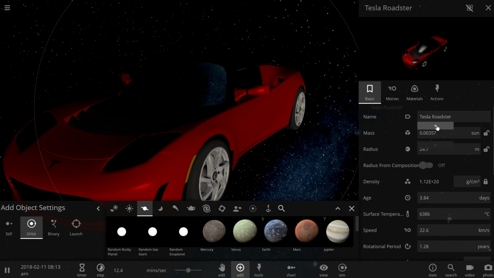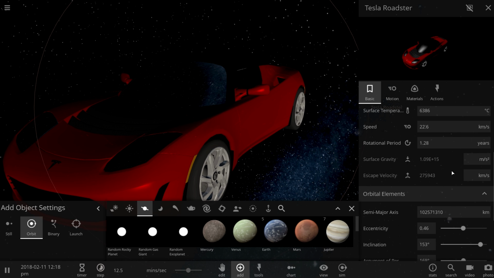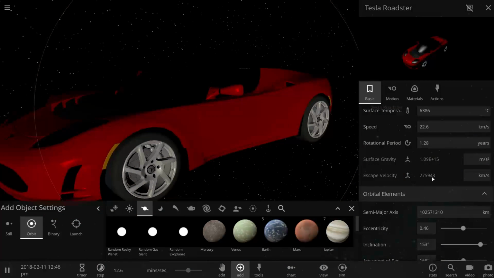Actually, it went the wrong way. I wanted it to increase, not decrease. Oh, look at that. Here we go. At 1% of the mass of the Sun, and at 34 meters of radius, we get almost the escape velocity of the speed of light.